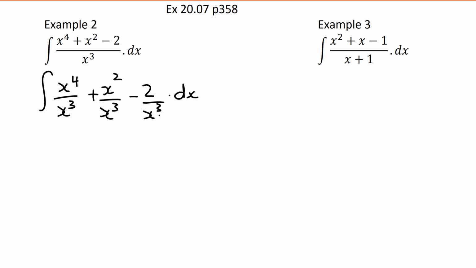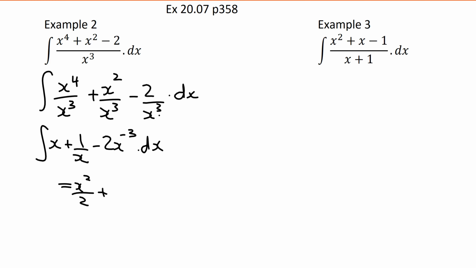Doing that algebraic understanding, I'm integrating x plus 1 over x minus 2x to the power of negative 3 with respect to x. So then I'm just going to get x squared over 2 plus log x.